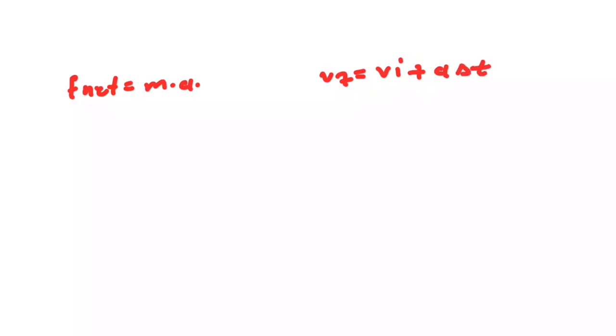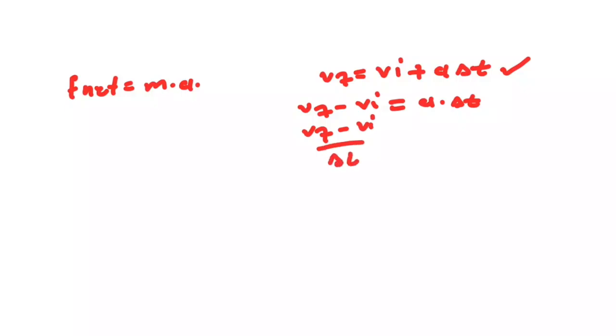If we take a look at this equation and make a the subject of the formula, we're going to have Vf minus Vi being equal to a multiplied by delta T. Let's go ahead and divide both sides by delta T. If we do that, we're going to have Vf minus Vi divided by delta T being equal to a.